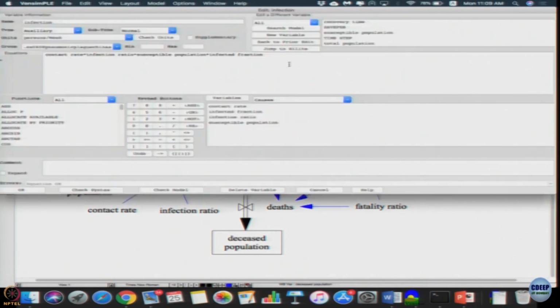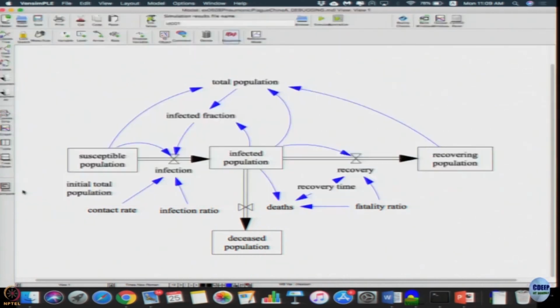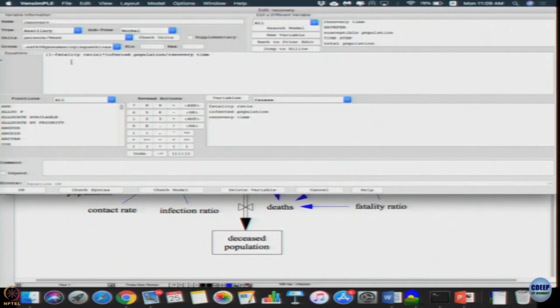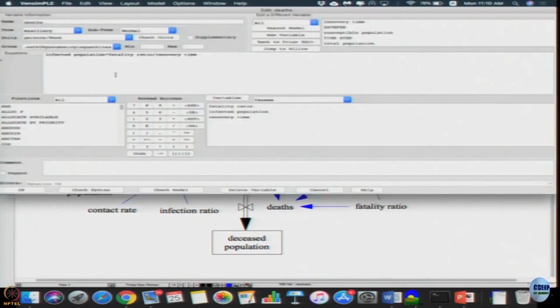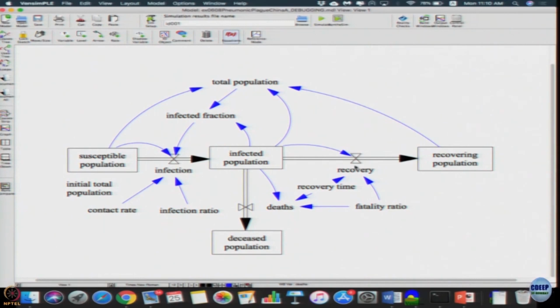Infection is just a product of all, which is fine. Value should be okay. Yeah. Recovery rate is (1 minus fatality ratio) times infected population by recovery time, that was the description given, that is also fine. Deaths is infected times fatality ratio. So those who didn't die recovered, that is how it is modeled. So that's the 1 minus fatality ratio there.